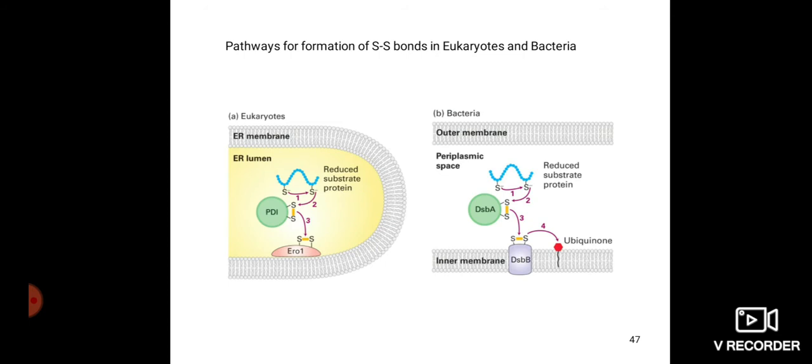And in case of bacteria, the same function is going to be done by DsbA, which is going to act as PDI, and DsbB, which acts as the Ero1 protein molecule in case of bacteria. And in case of bacteria, the process takes place within the periplasmic space. Okay, in case of eukaryotes, it happens in the endoplasmic reticular lumen.